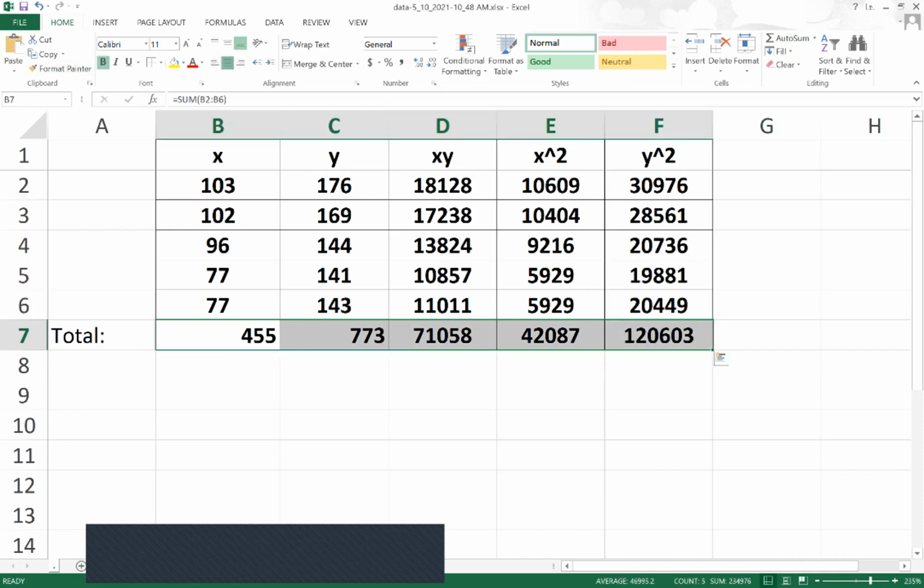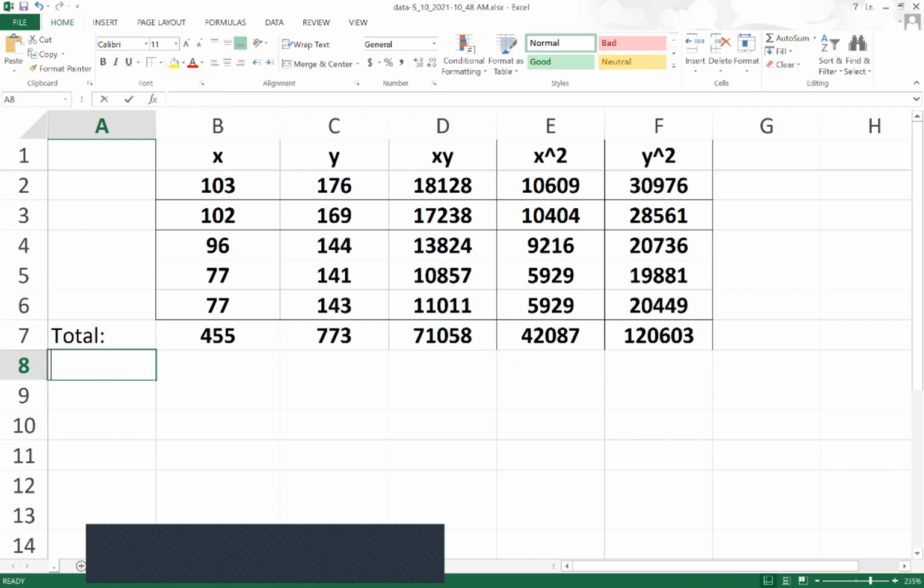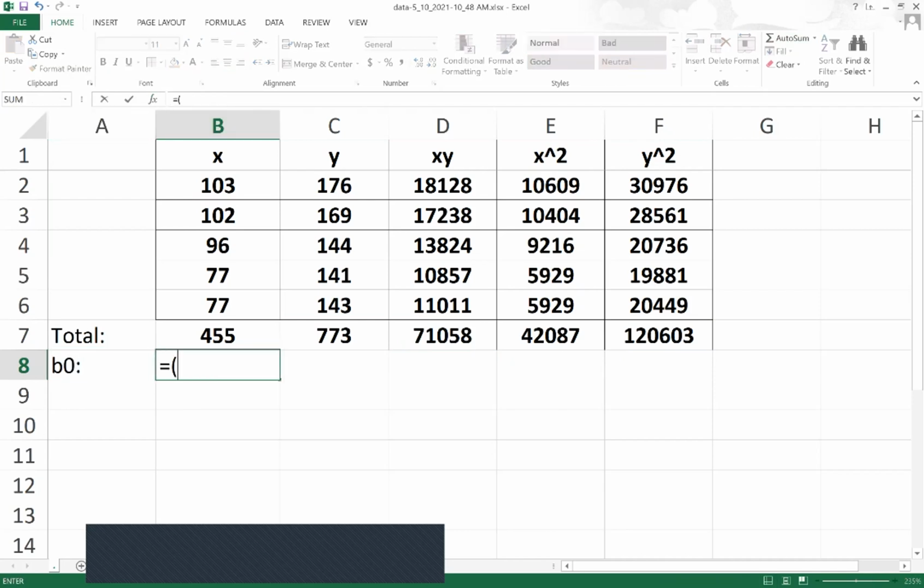So now we have all the numbers, and similarly B0 and B1. B0 first. So sample size, again, 5 numbers here, 5 times total of Y, 773, minus summation X, which is 455, times total of XY, 71058.